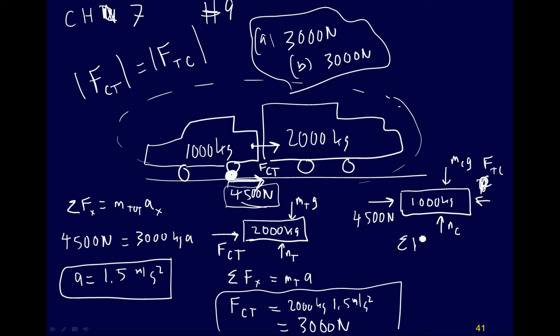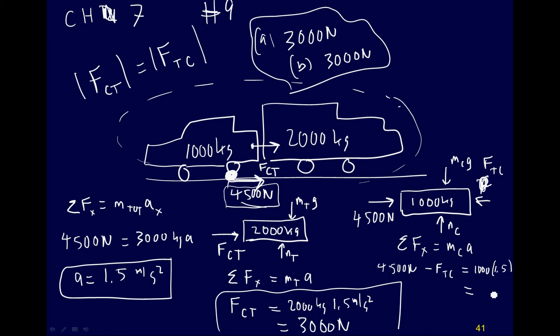And so if I write this out, F of x in the x direction equals mass of the car times a. You'll see here that my forces are a positive 4,500 newtons minus the force of the truck on the car, and that equals the car's 1,000 kilograms times 1.5 meters per second squared.